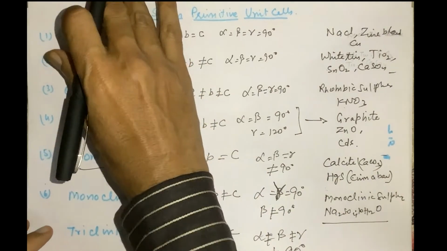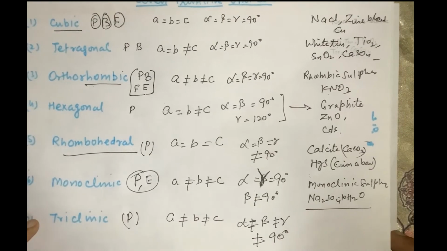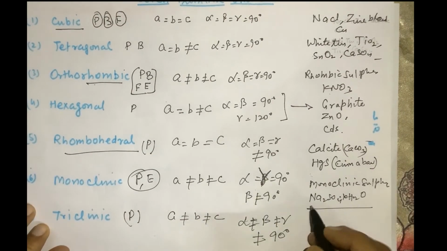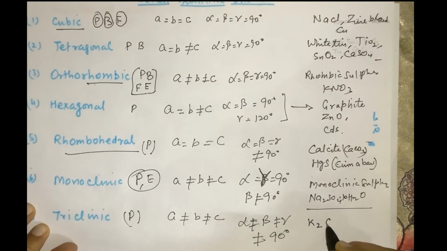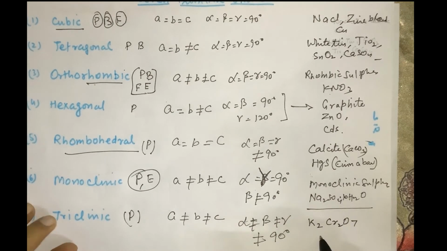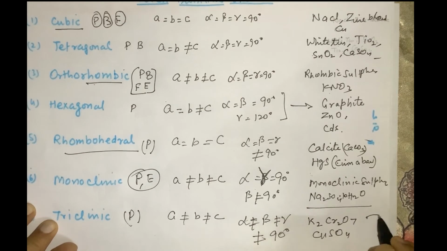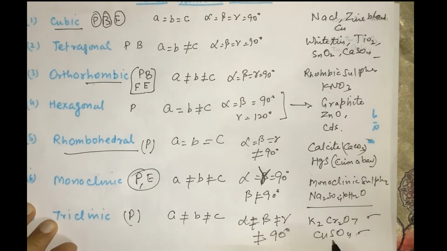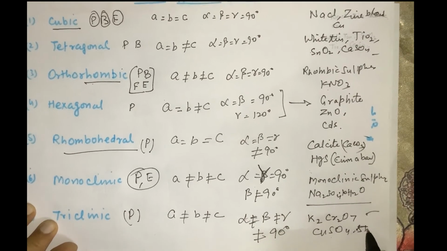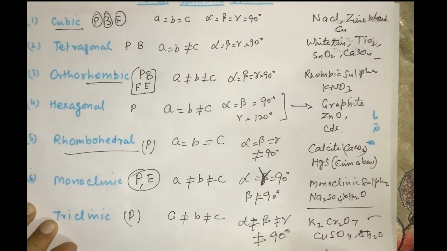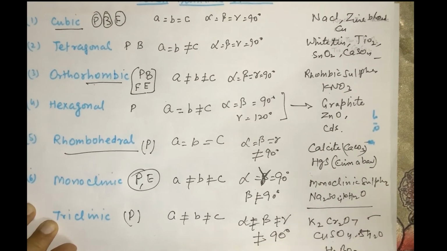No two angles are equal, and they are also not equal to 90 degrees. And its examples being K2Cr2O7, copper sulfate, potassium chromate, copper sulfate, and H3BO3.